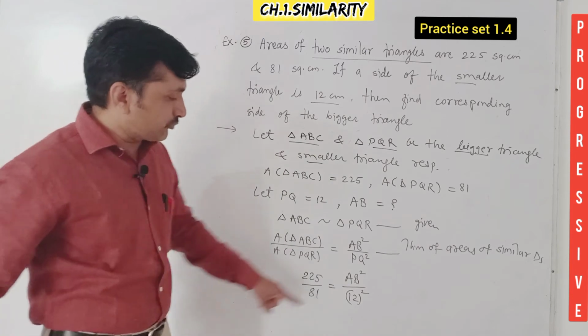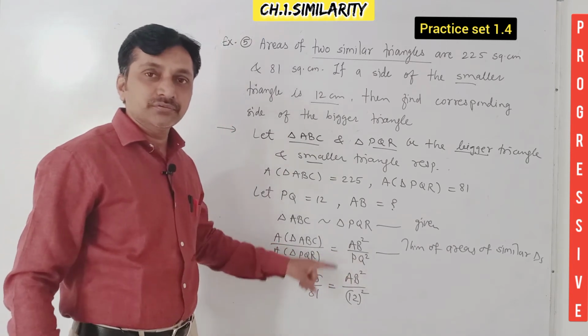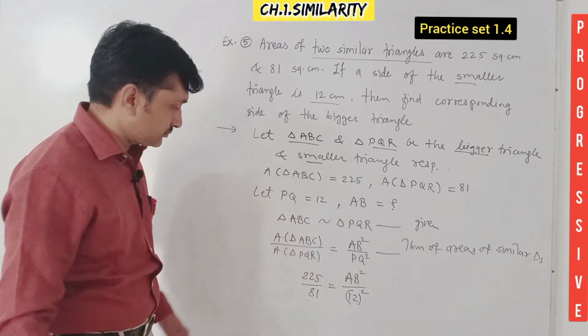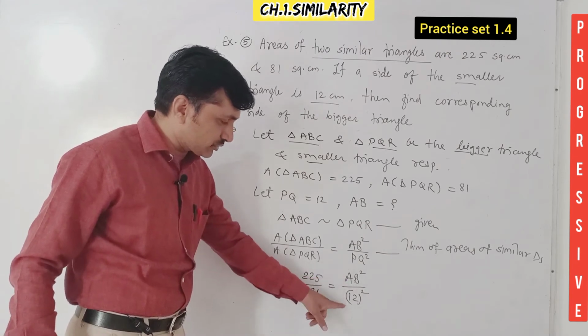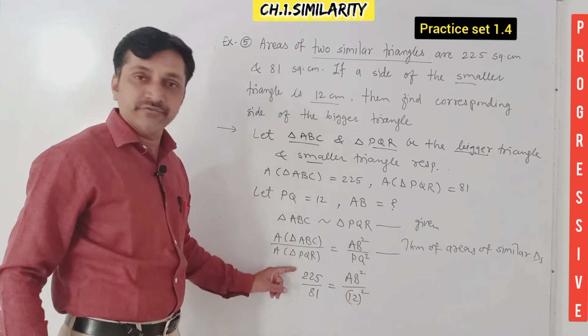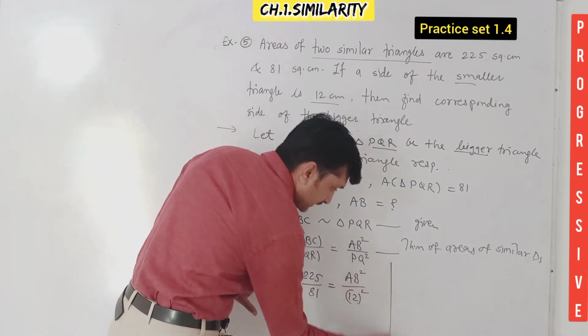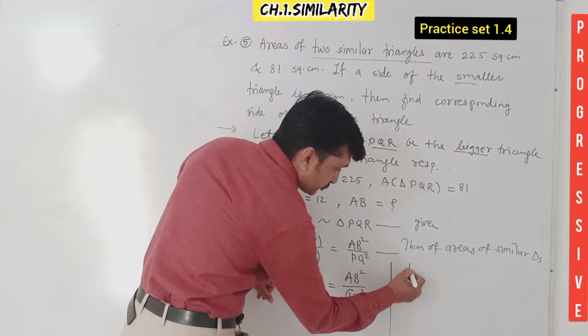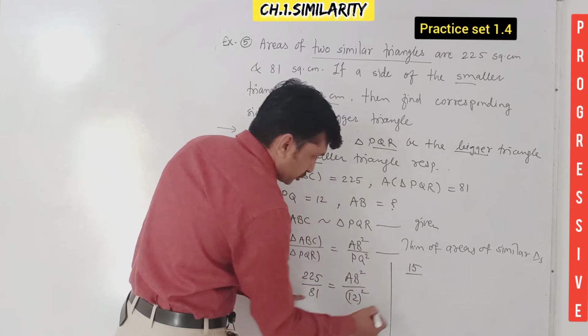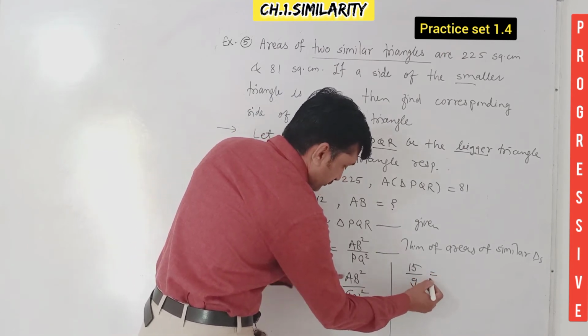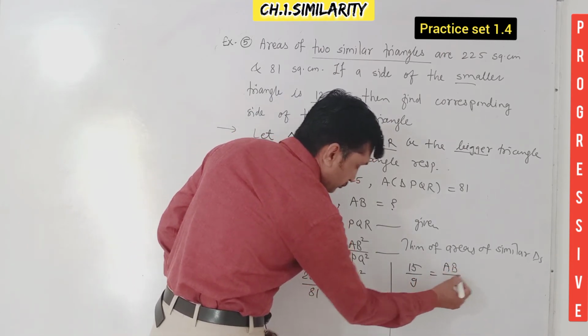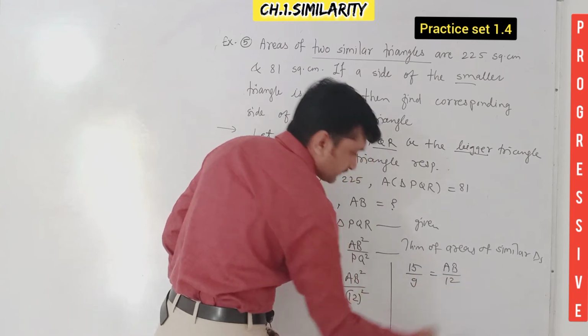Now if all terms are perfect squares, then we can take square roots. Here AB square is a perfect square, 12 square, 225 and 81 are perfect squares. Therefore take square roots: square root of 225 is 15 upon square root of 81 is 9, equal to square root of AB square, AB, upon square root of 12 square, 12.